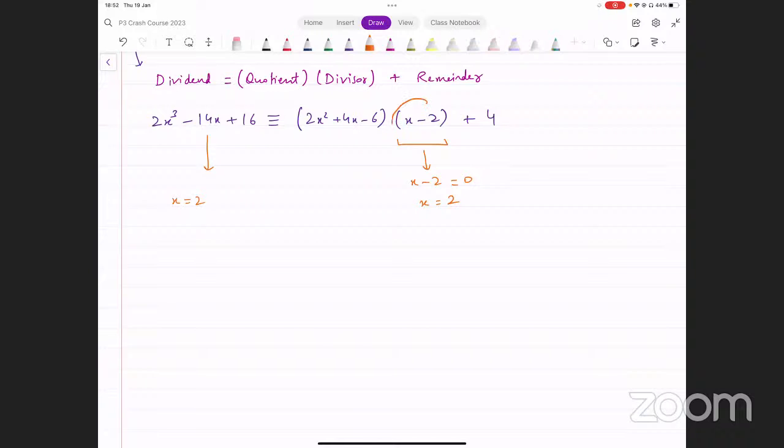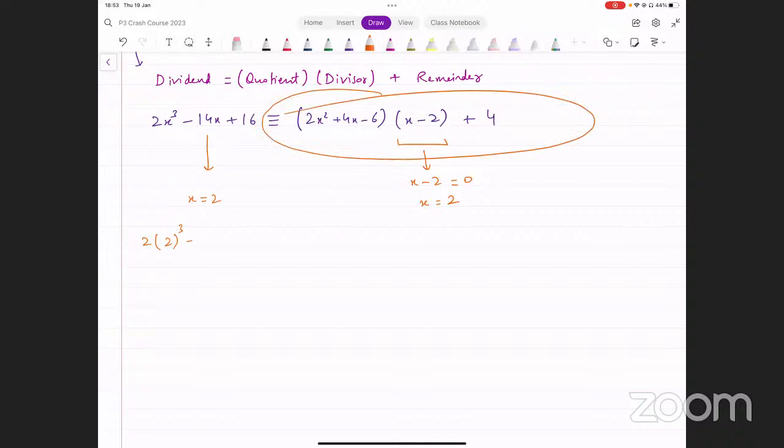By making this bracket 0. So when you make this bracket 0, the value of x that you get from there is x equals 2. If you were to input x equals 2 in this polynomial directly, that is going to give you the remainder without having to go through this whole process. So without actually doing the division, you can find the remainder directly.